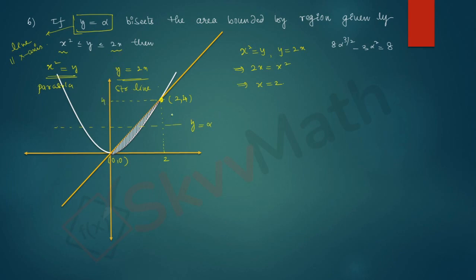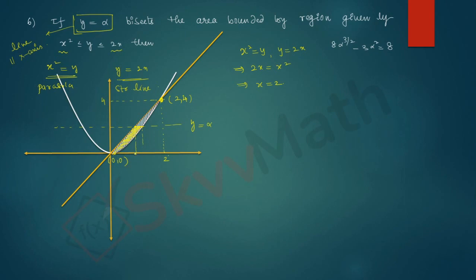So you can find the shaded region area as the integration from 0 to 2 of upper curve minus lower curve. That we can do, and we will get this area. But whenever you want to find half of this area, here we cannot use x coordinates, because there will be a problem.